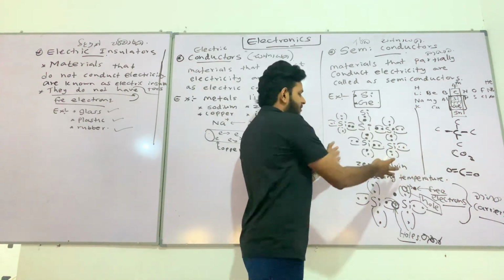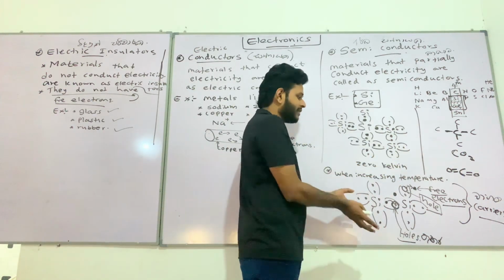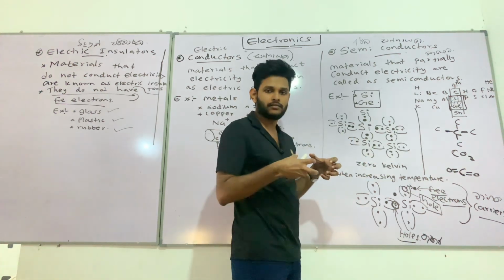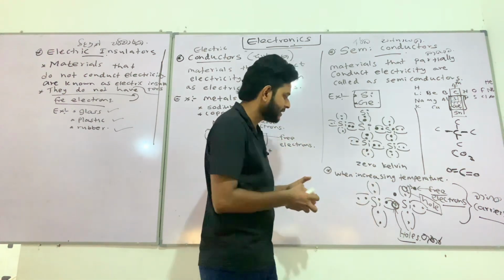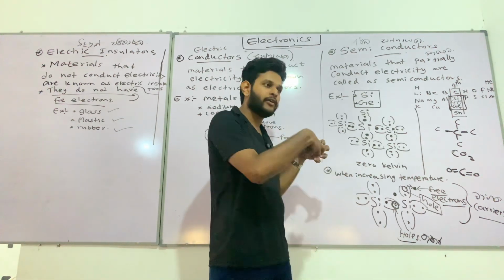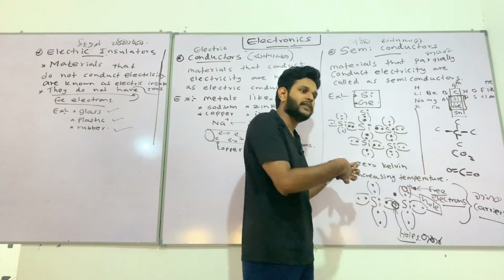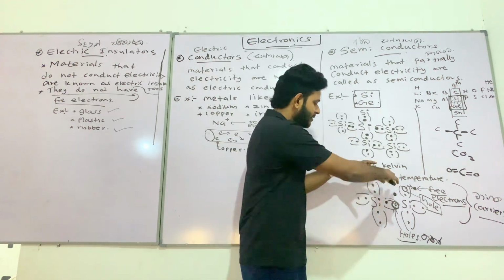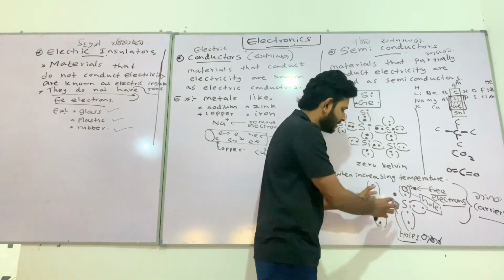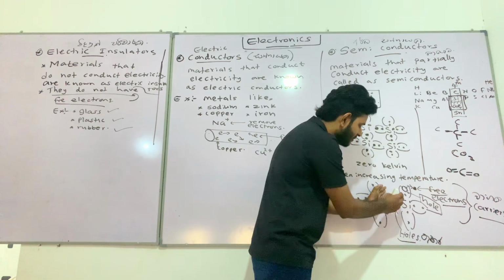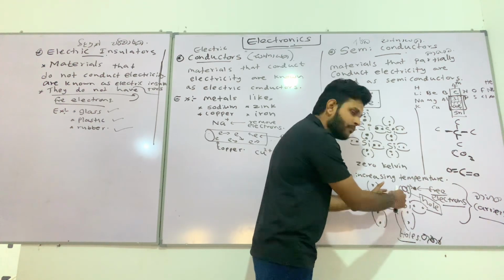When this lattice is heated, that means it gains heat. When it gains heat, it has another kind of energy, so it can convert that energy to any purpose. Here in this case, that energy is used to remove the electron in the bond.